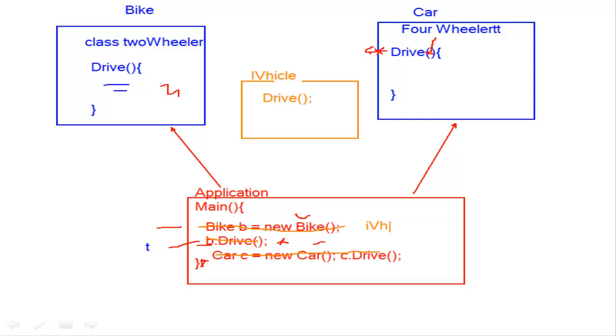I will write it as it is because I have written that: VH equal to, I can say, new bike, or this is the OR option, or I can say that it is a new car, and so on, provided, what is the condition? Provided this interface is implemented by both of them.